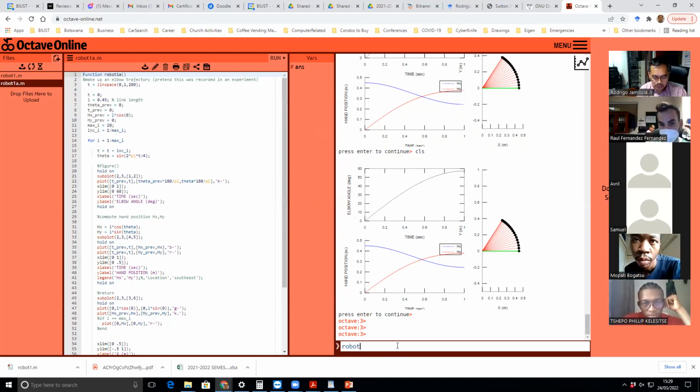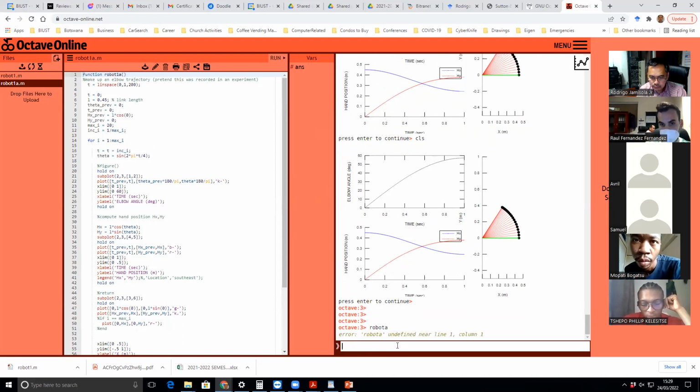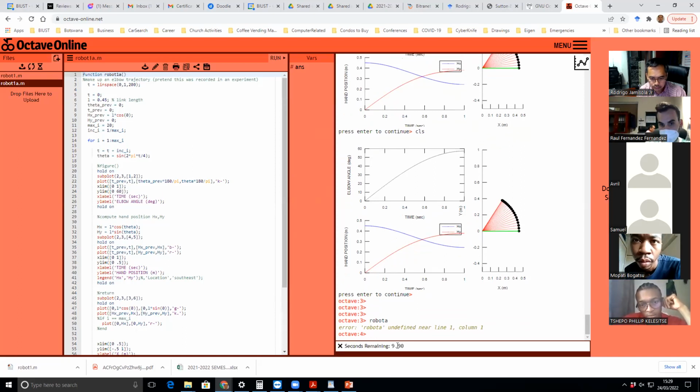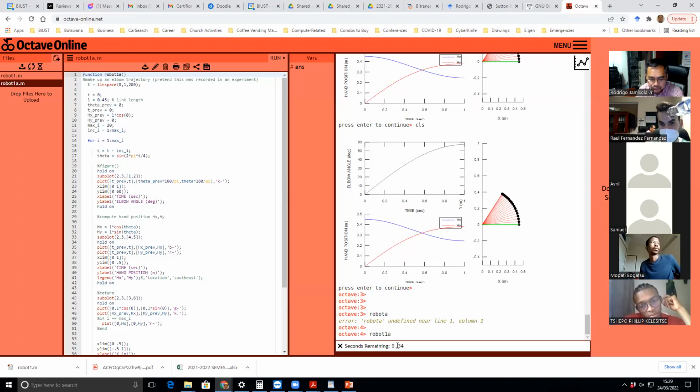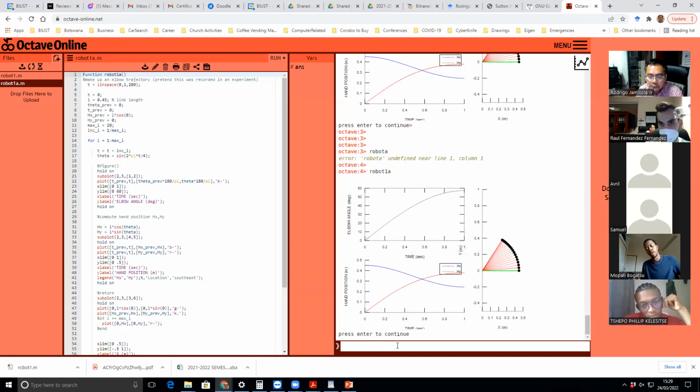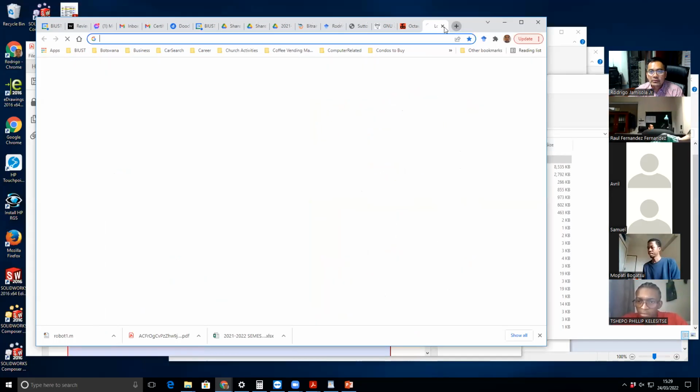Robot 1A. It shows this one. Okay, let me create a new one.